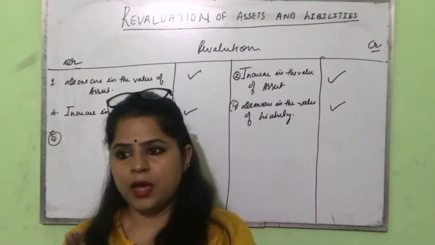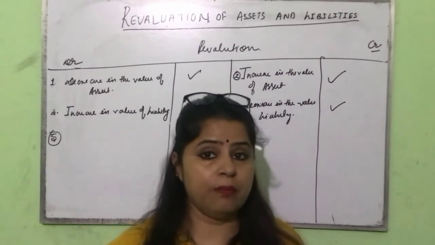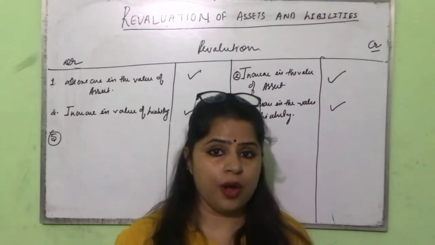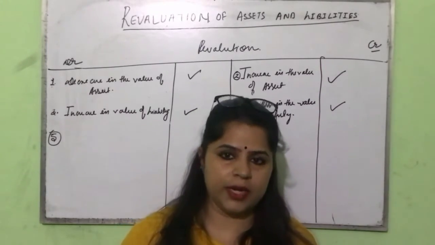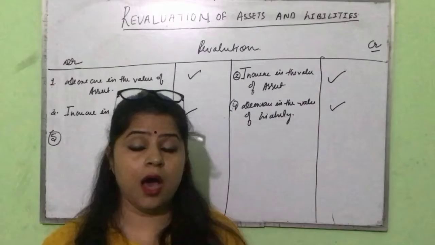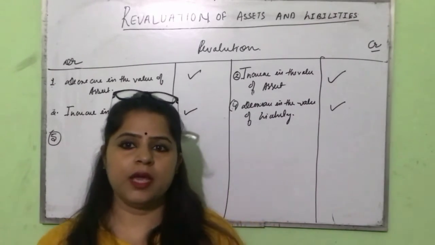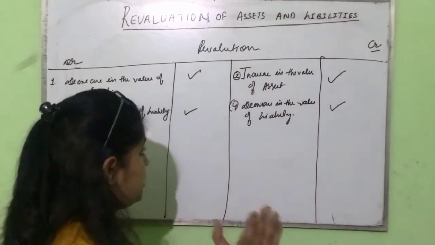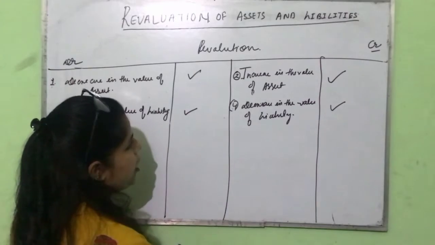Asset is increasing. तो अगर हमारा कोई असेट जो कि बैलेंस शीट में नहीं दे रहा था और एडजस्टमेंट में बोल रहा है कि ये असेट हमारा है, तो we can call it such type of asset as an unrecorded asset. And unrecorded asset का मतलब हो गया कि asset is increasing. So that type of asset will be recorded in the credit side of the revaluation account.